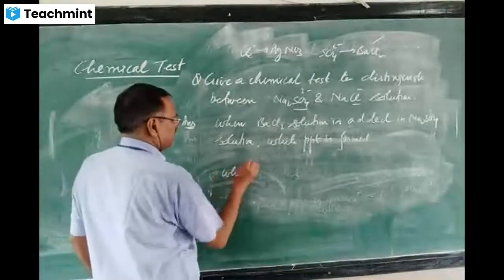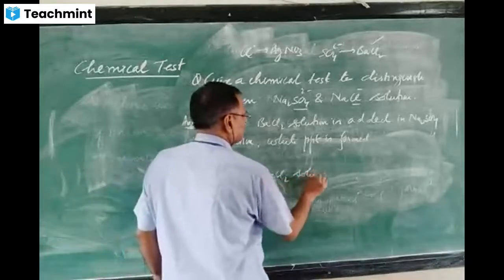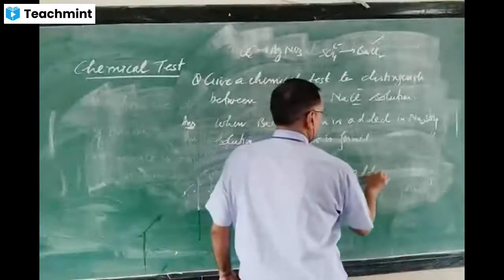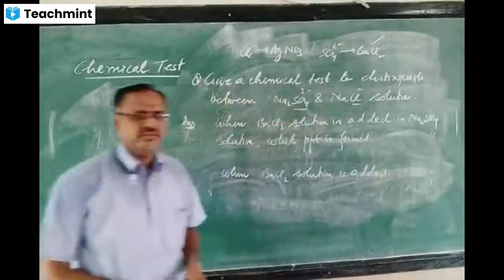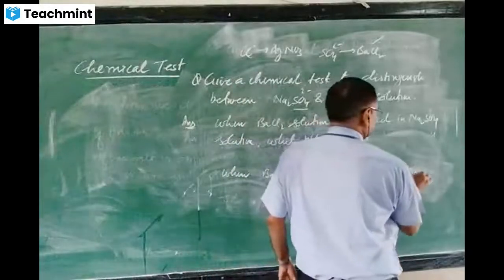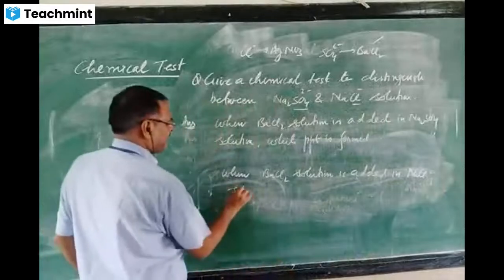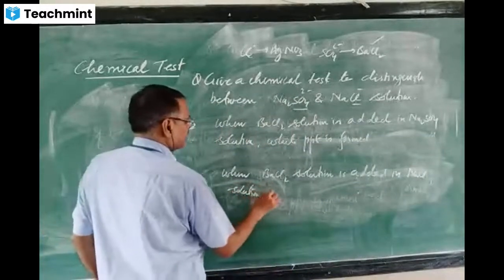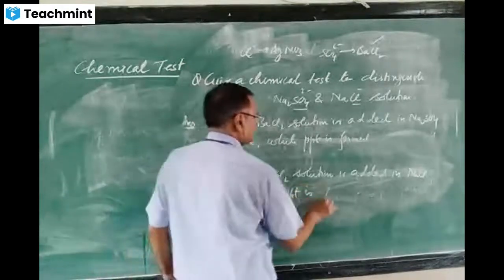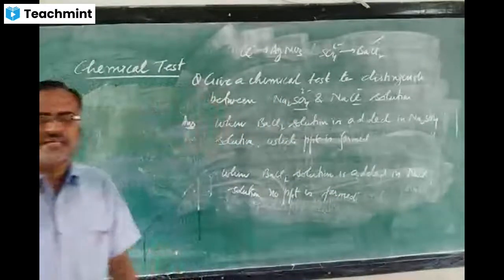When barium chloride solution is added in sodium chloride solution, no precipitate is formed. So in the second situation, no precipitate is formed.